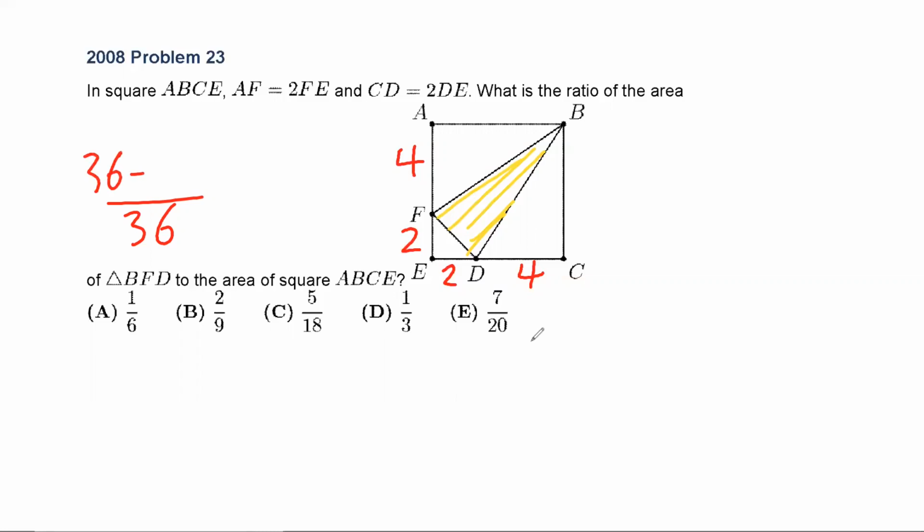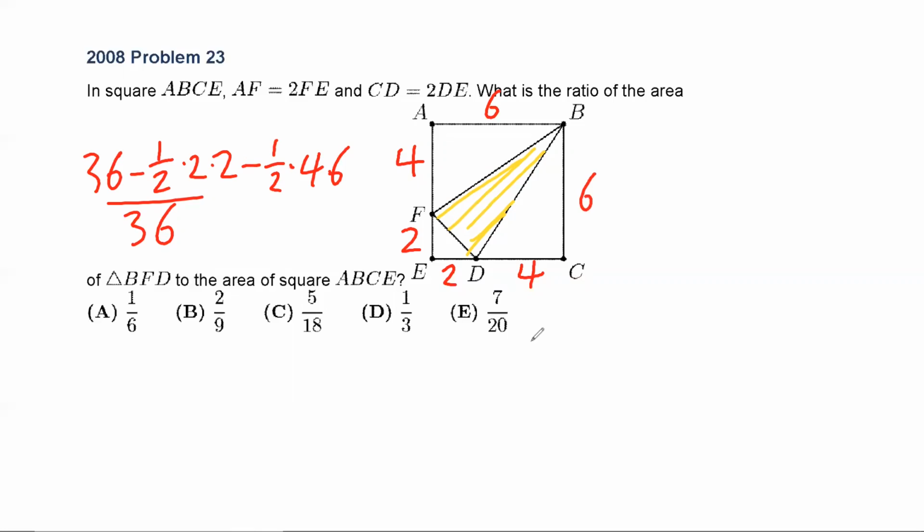So 36 minus, the area of FED is going to be 1/2 times 2 times 2. The area of ABF is going to be 1/2 times 4 times 6, because this is 6. And the area of BCD is also 1/2 times 4 times 6.